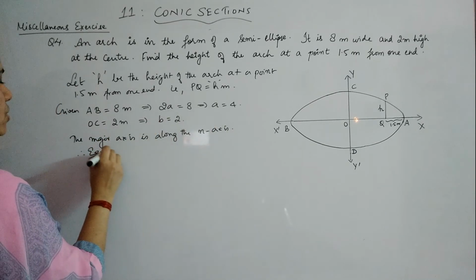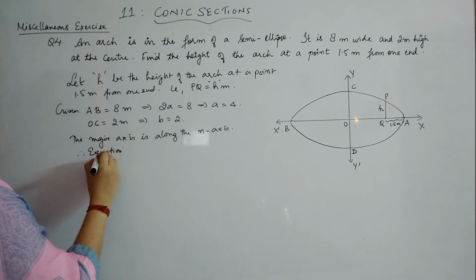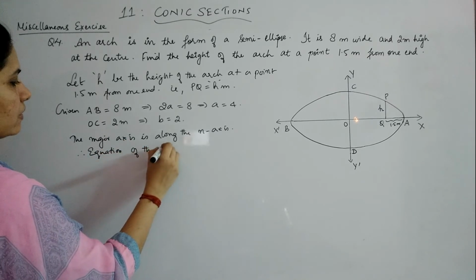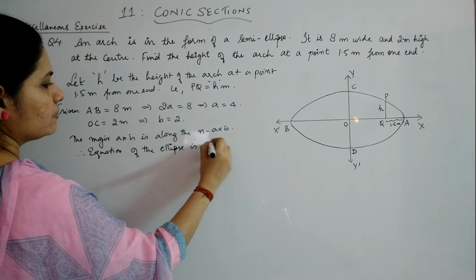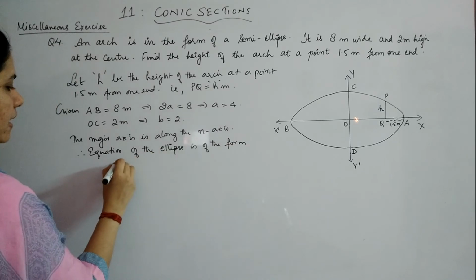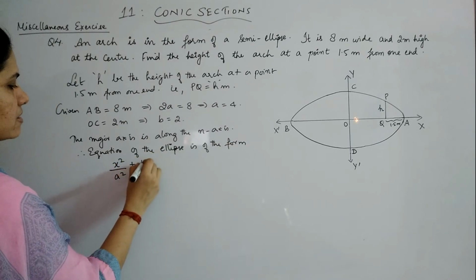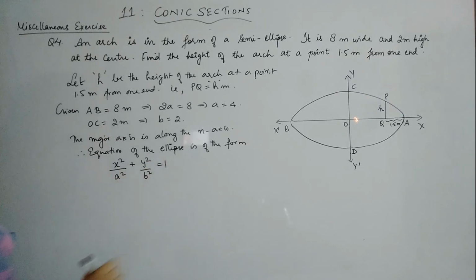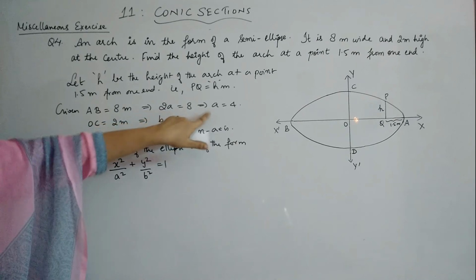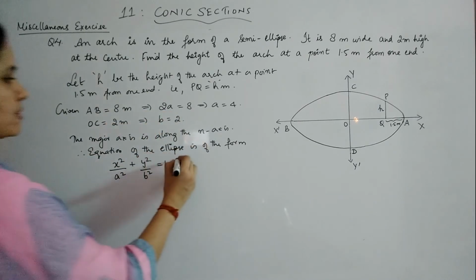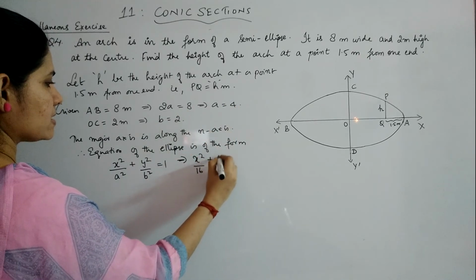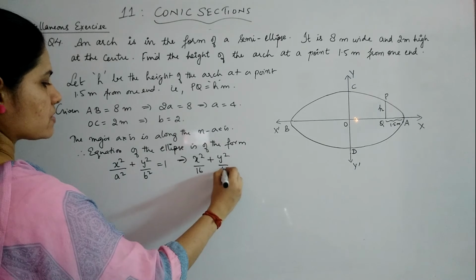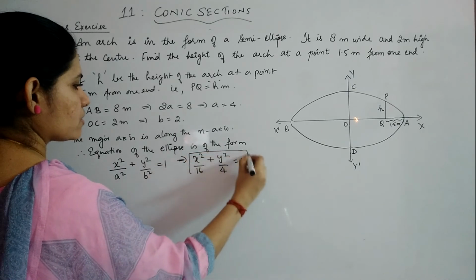Therefore, the equation of the ellipse which you have to take will be of the form x square by a square plus y square by b square equal to 1. So now we are replacing the values which we have, that is a and b, so that the equation of the ellipse becomes x square by 4 square, that is 16, plus y square by 2 square, which is 4, equal to 1. So this is the equation of the ellipse now.